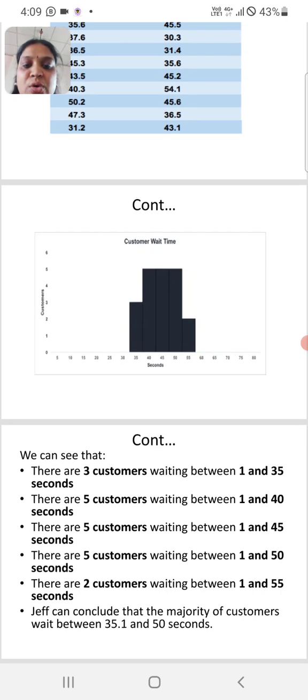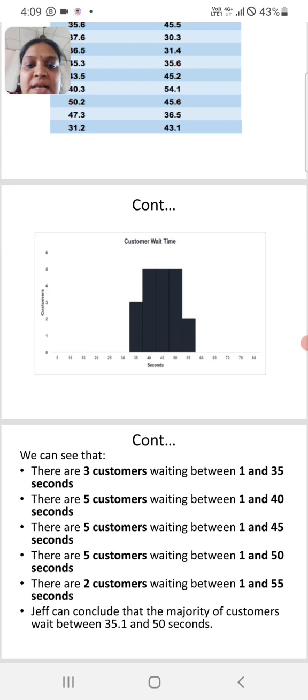We have no gap between the bars, and he identified that there are 3 customers in the range 35 to 40, and 5 customers each in 40 to 45, 45 to 50, and 2 customers waiting between 50 and 55 seconds. So in the end he concluded that the majority of the customers are waiting between these time intervals, that is 35 seconds to 50 seconds.